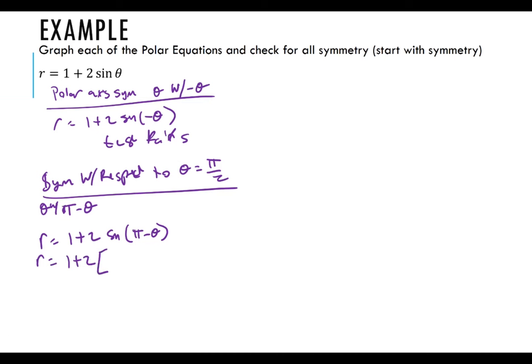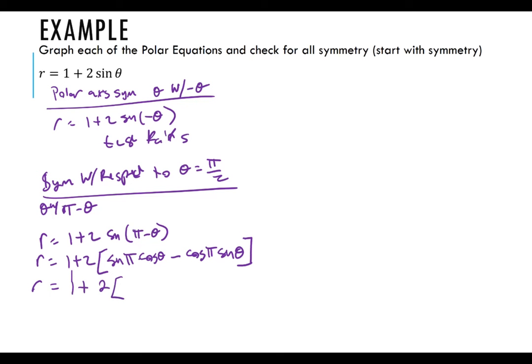Sine of pi minus theta is going to be sine pi cosine theta minus cosine pi sine theta. But then this gives us r is equal to 1 plus 2.